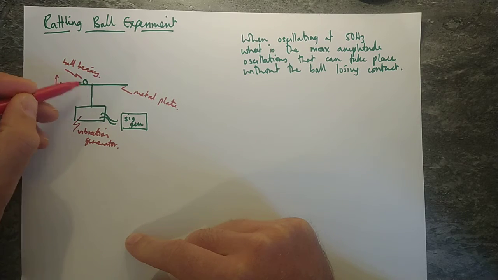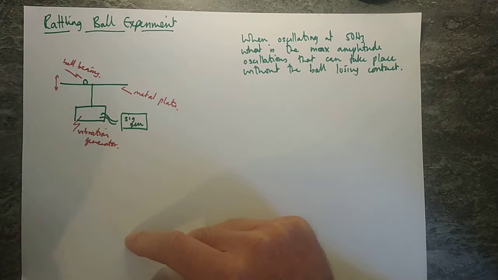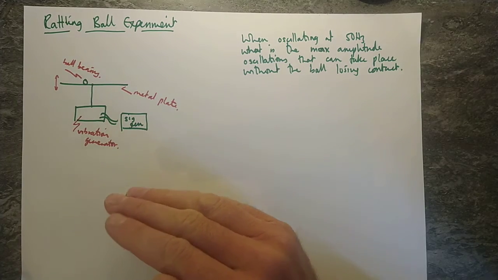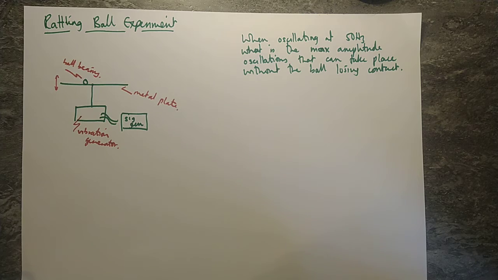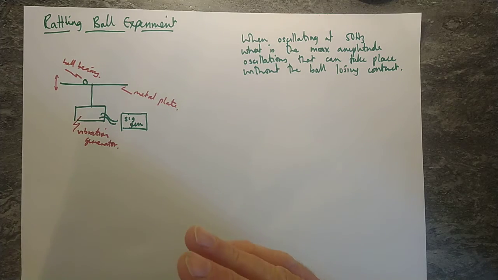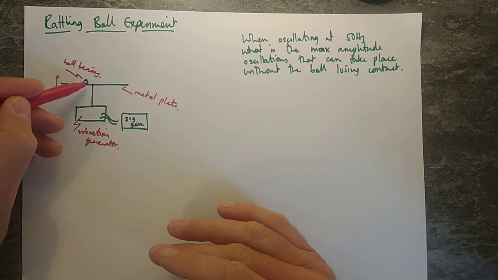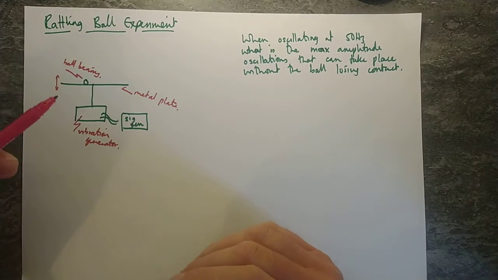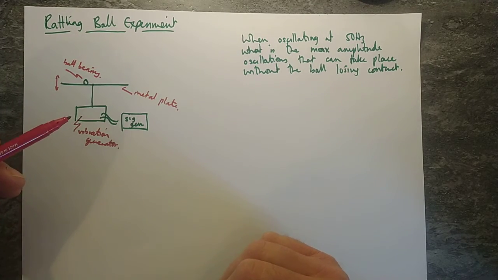The metal plate is set in oscillation, so it goes up and down. In this experiment you increase the frequency or the amplitude of oscillations, and there comes a point where the ball starts rattling against the metal plate, and you can hear that.